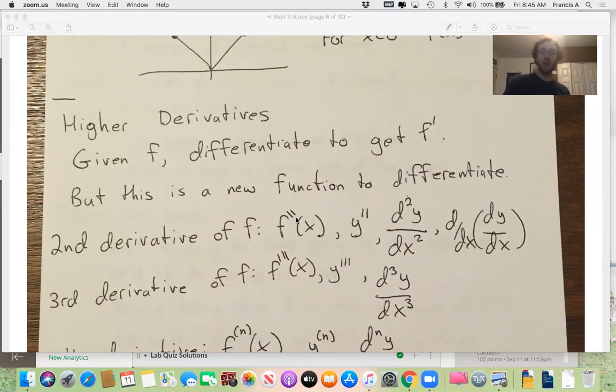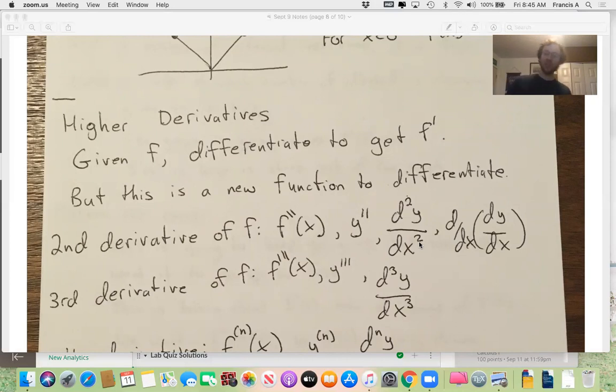The double prime, meaning you've done this differentiation process twice. Or y double prime. In this fractional notation, some 2's show up, indicating you've taken the derivative twice.